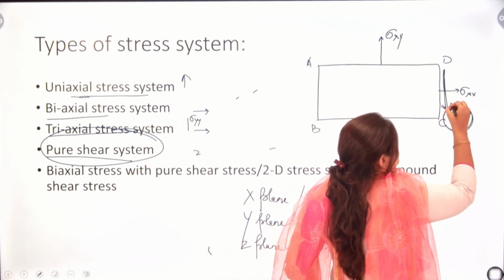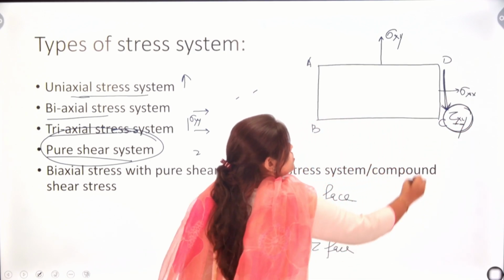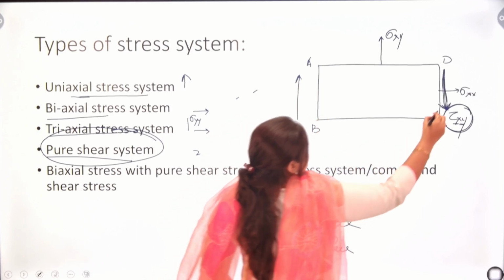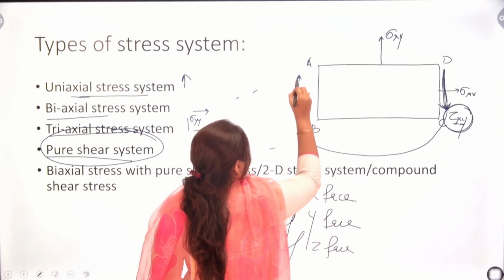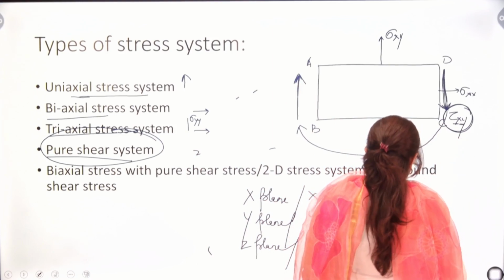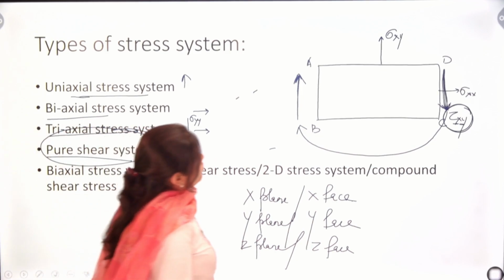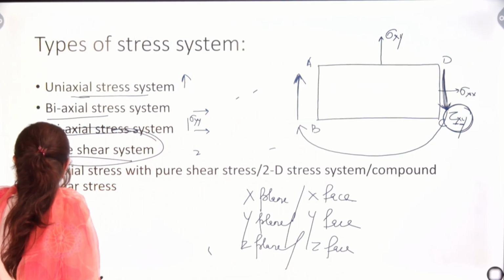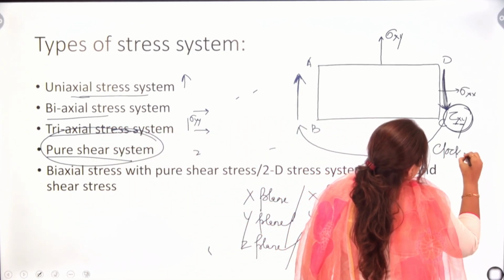Why did we name it tau xy? Because the shear stress is present in the x plane and y direction. As the reaction of this, since the direction is going like this, here also the direction will be in this way. This is our clockwise direction.